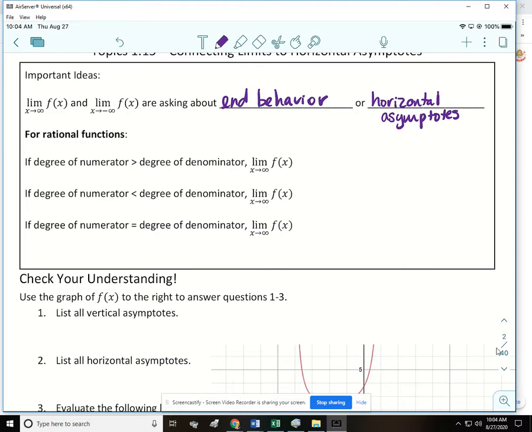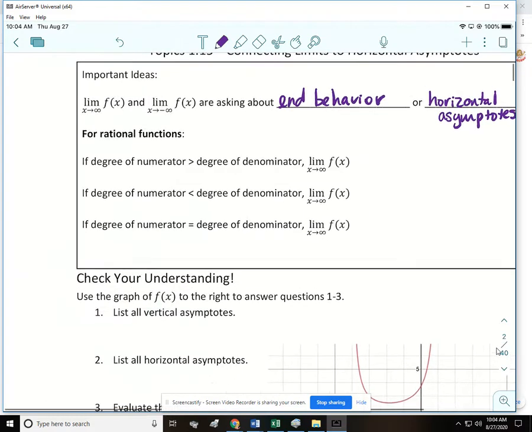So try to remember the degree of the numerator is greater than the degree of the denominator. So we're comparing degrees on rational functions. So back in pre-calculus, what we would say is that there is no horizontal asymptote, because the function would keep increasing or keep decreasing.